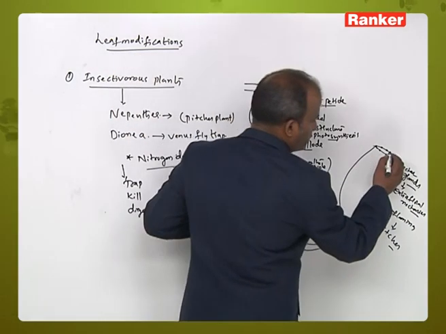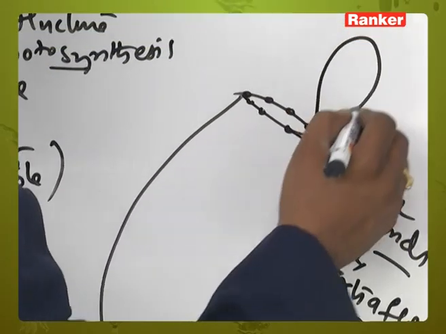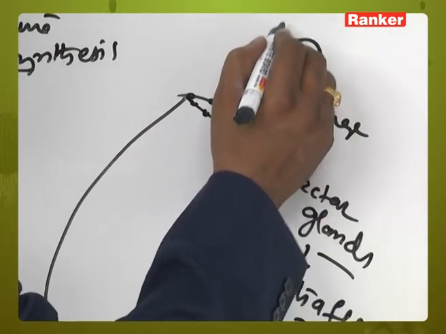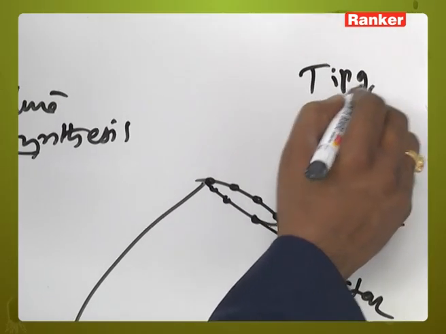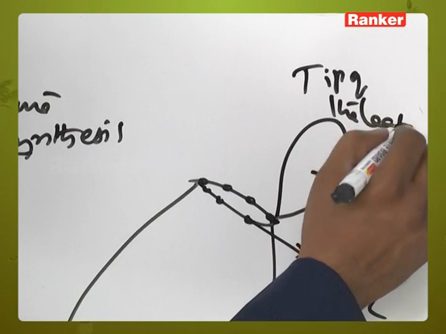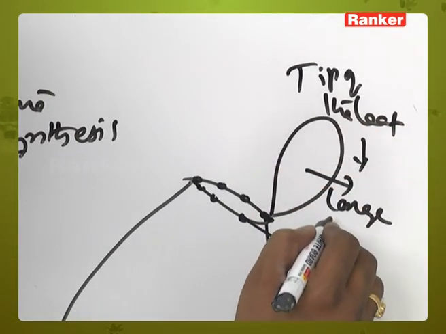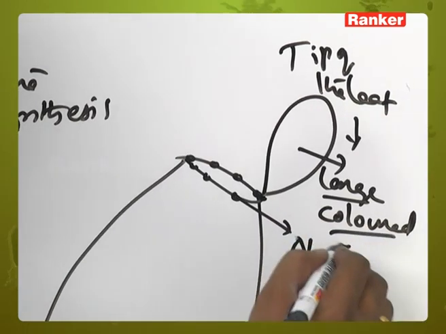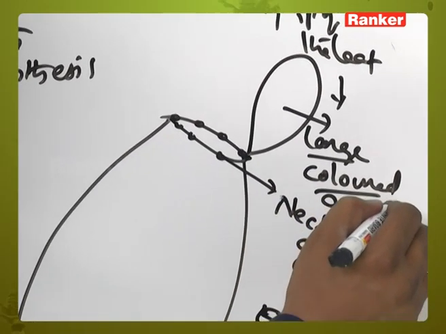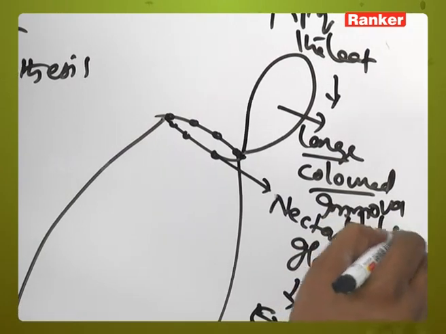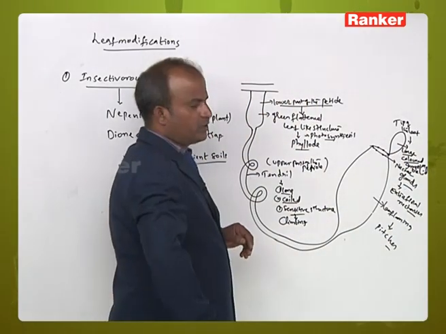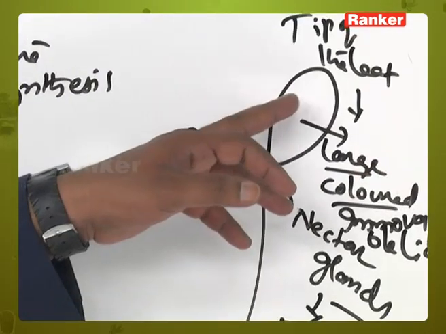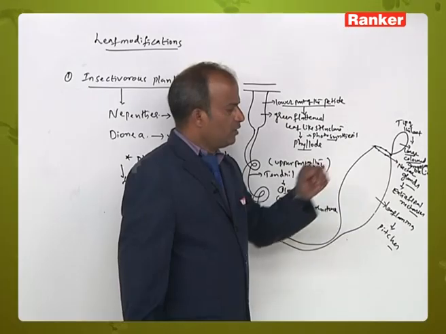Now the tip of the leaf is modified into a large, colorful, immovable lid.